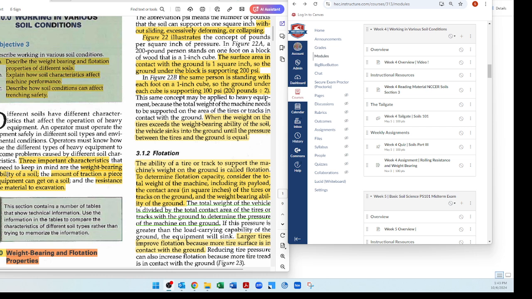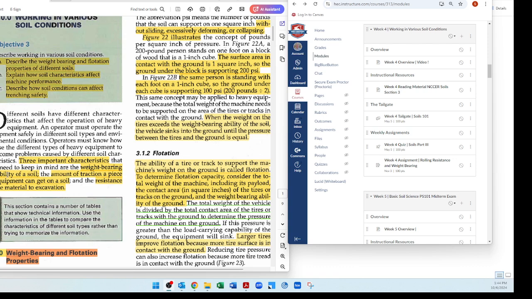The other thing is the amount of traction a piece of equipment can get on the soil. Traction involves the weight of the equipment and the friction between either the tracks or the tires and the surface that you're on. The third important thing to understand is the resistance of the material to excavation.